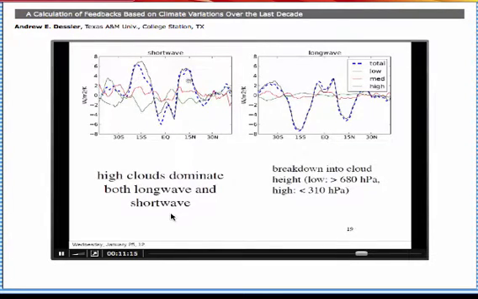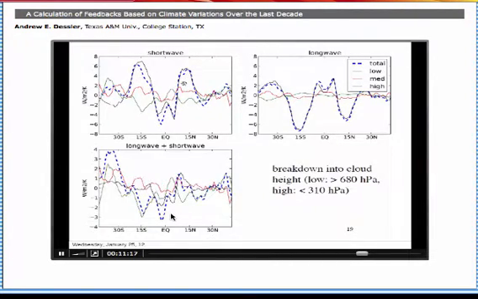But what's interesting is that if you look at the sum of them, what you see is that the high cloud, long and short wave cancel out almost perfectly. And so in the net feedback, mid and low clouds are just as important because they don't cancel between long and short wave. You don't get the cancellation that you do for these high clouds.